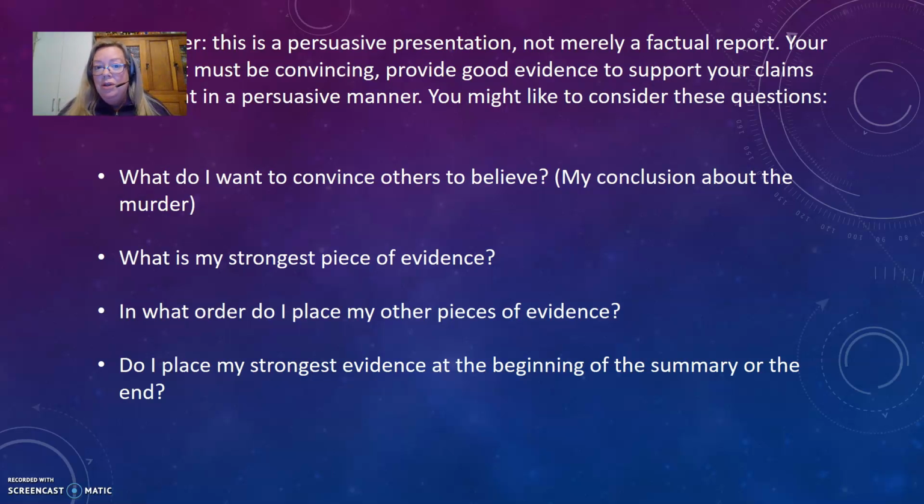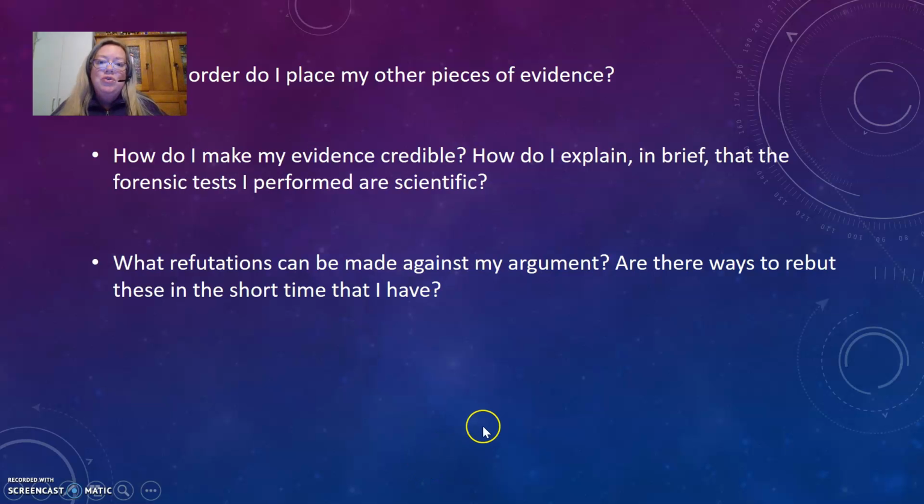Okay, so it's up to you how you actually present it, but you need to make sure that you do have that strongest piece. And in your persuasive argument to me, I need to be able to pull out what your strongest piece is. So you have to think very carefully about your writing.